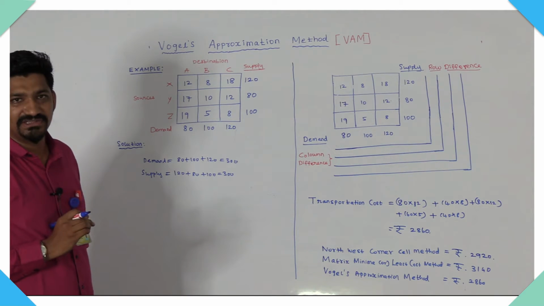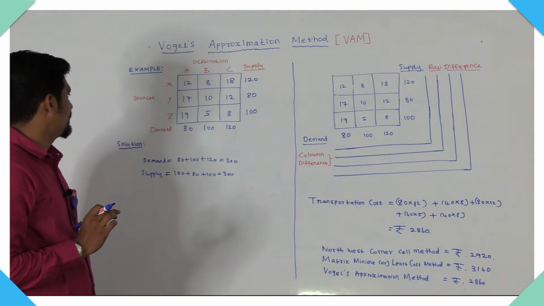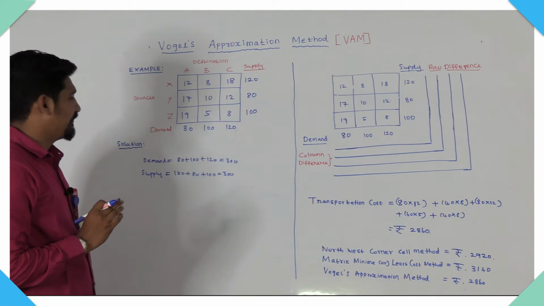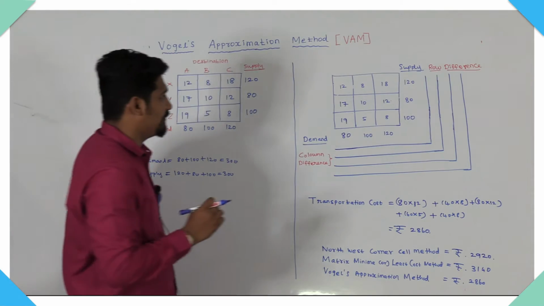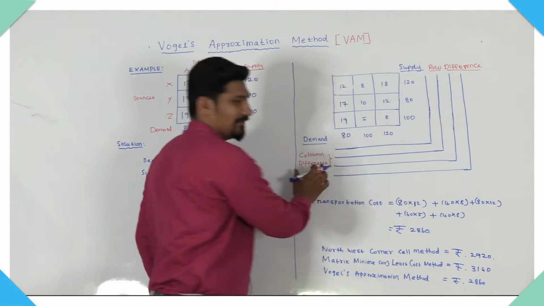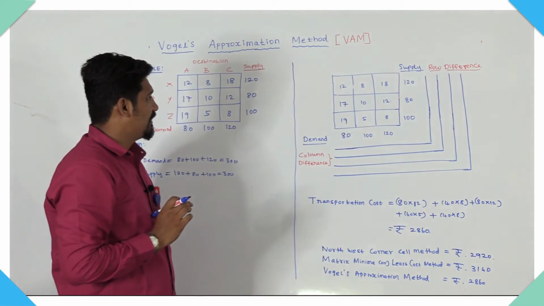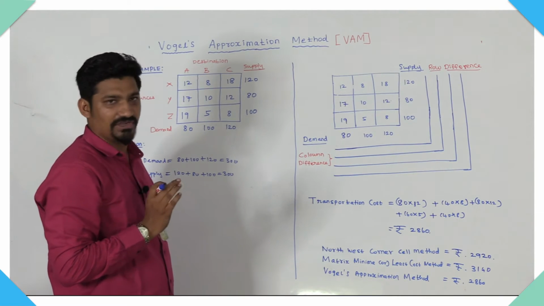Now let us see the Vogel's Approximation Method. Before we solve the problem, we need to identify the row and the column differences. How to find the row difference?